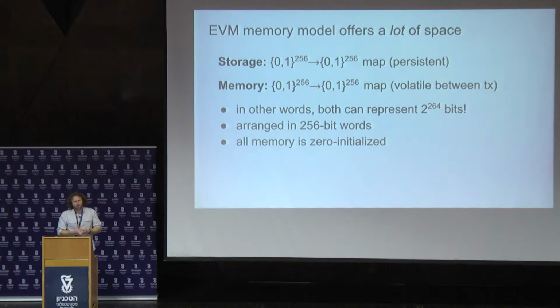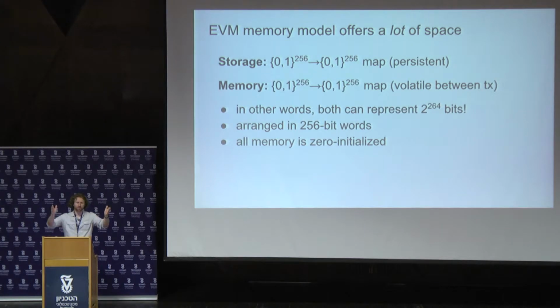The other thing is that your code has this big storage space to work with. You have to really emphasize big here. The theoretical amount of space that your code has to write to is really, really huge in Ethereum. So basically, every 256-bit value is an address in memory, which stores 256-bit words.